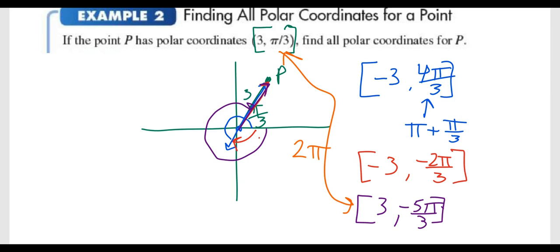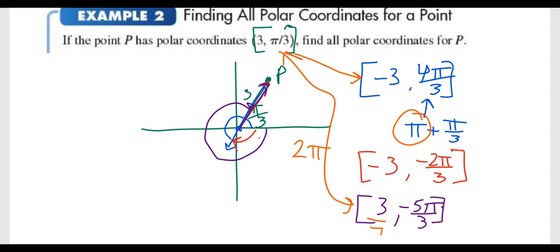Now, if you'll notice, the connection between this one and this one is right here. It is only 1 pi unit different. So to jump from the original, if you are keeping the radius positive, you either add or subtract an even multiple of pi.